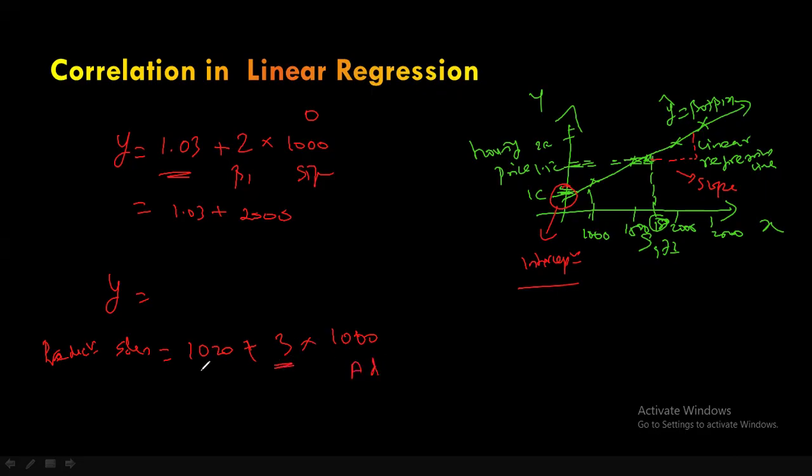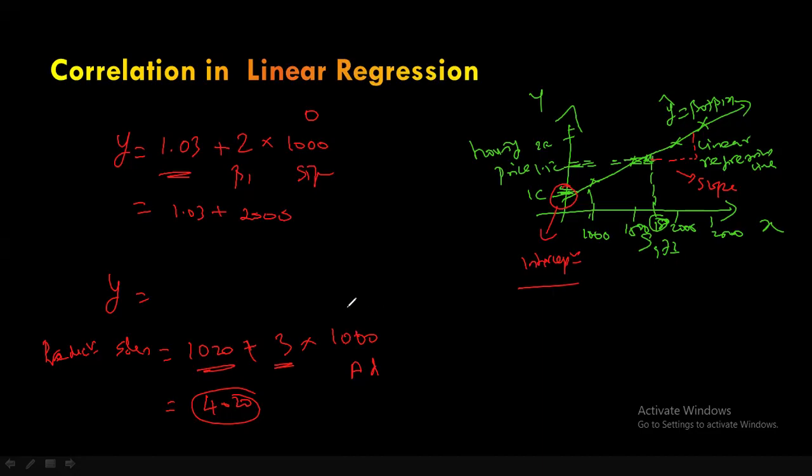This is computed by your model. In this case, what is the predicted sales? 3000 plus 1020 is 4020. This is the estimated or predicted sales for the next month.